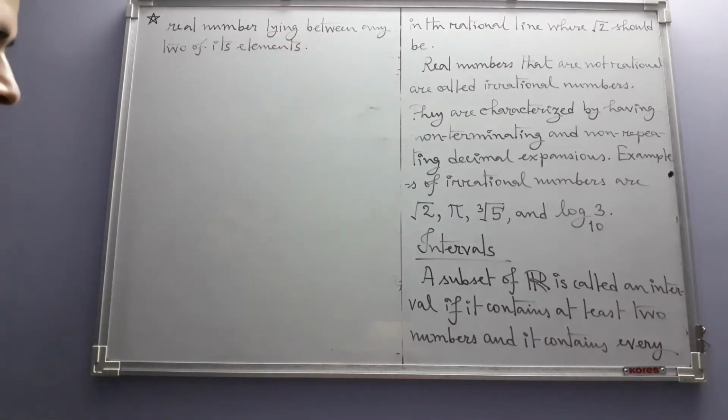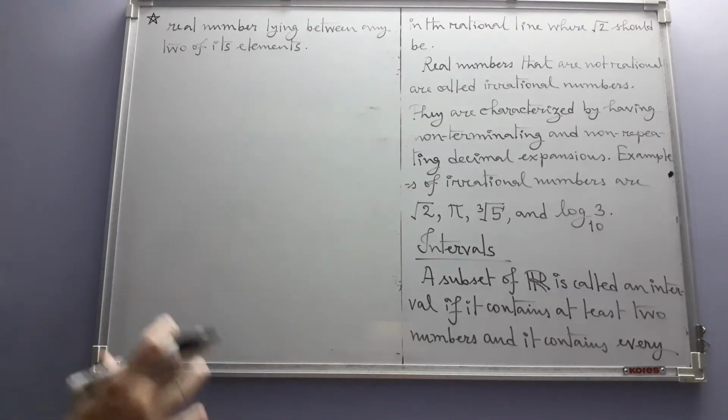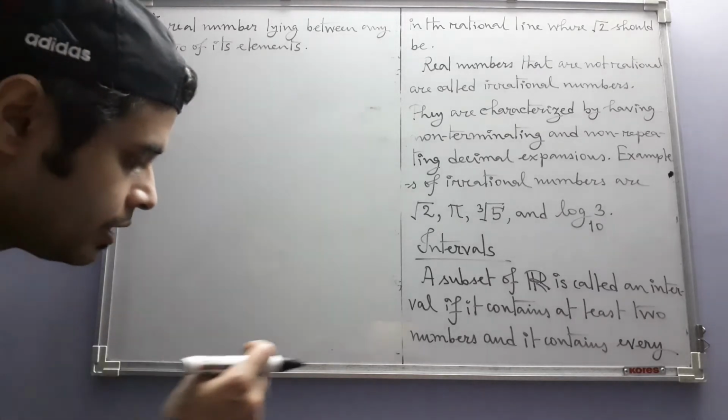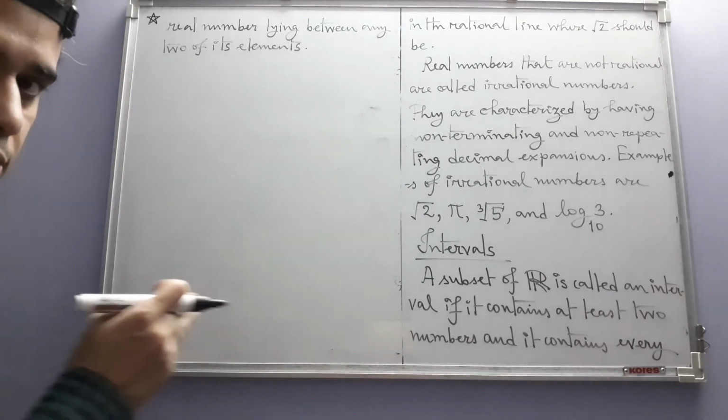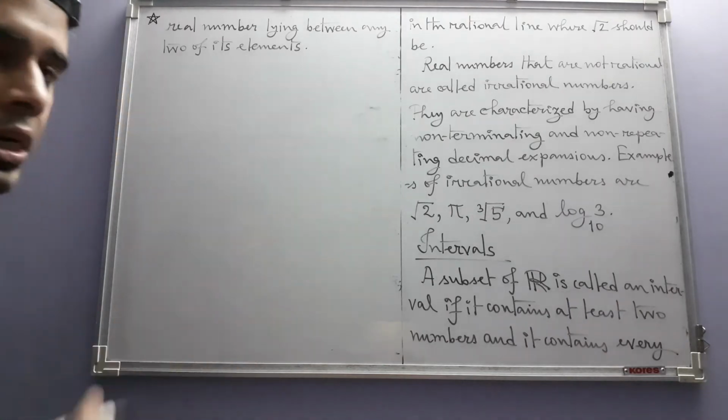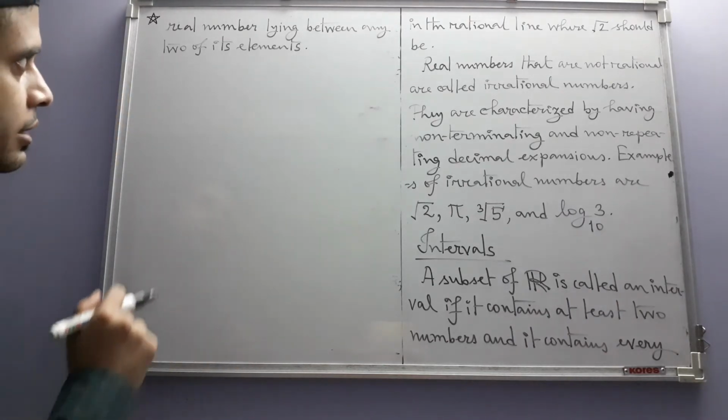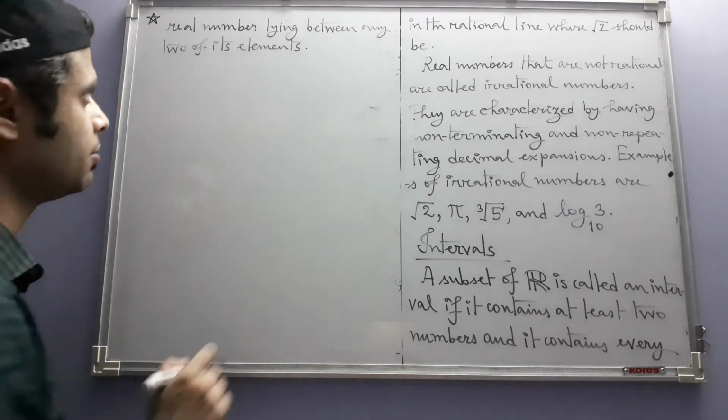Okay, it should not only contain two numbers, but if we choose arbitrarily any two numbers from the set, then all the real numbers lying between those two chosen numbers should also be there in the set. Such a set is known as an interval.